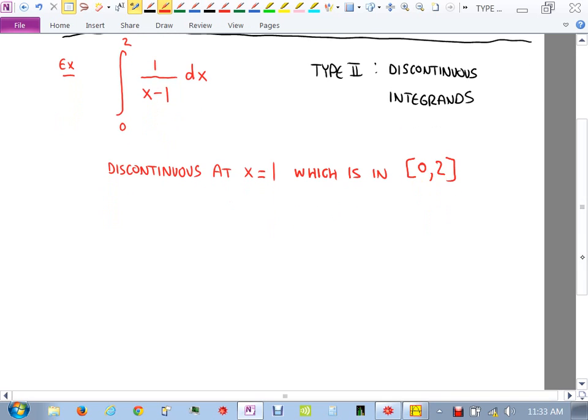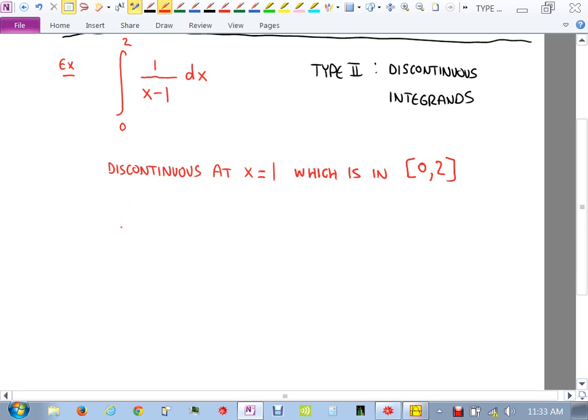What if our integral went from 2 to 4? I wouldn't even care about this. I would just do it like a normal problem. So when you're on a test, you just have to be careful when you look at these integrals. Look at the function's discontinuity and whether I'm working on an interval that has that discontinuity in it. It's something you have to train yourself to look for, because you might miss it. And if you miss it, it'll be a wrong answer.